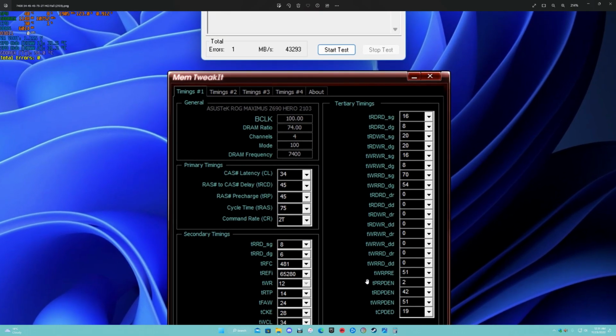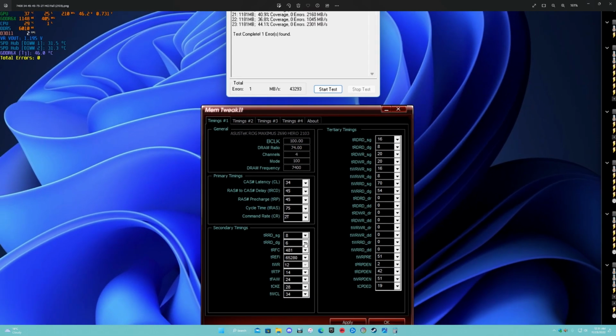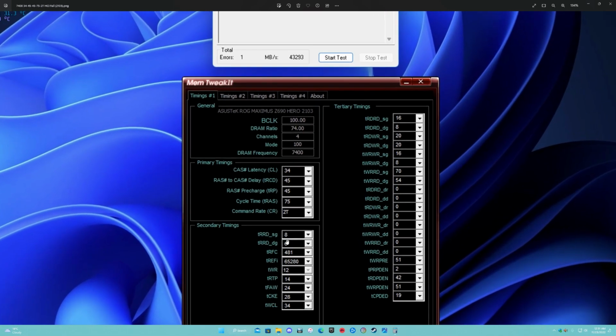To look more at my settings, what else was wrong here? These two could have been 44s, so the actual combination right now is 34, 44, 44, and then you would, for instance, do 36, 46, 46 if you needed to, but 34, 44, 44 would have been what I picked now. 28 tRAS is fine. These two are too high, unnecessarily high, I just didn't know what to use.